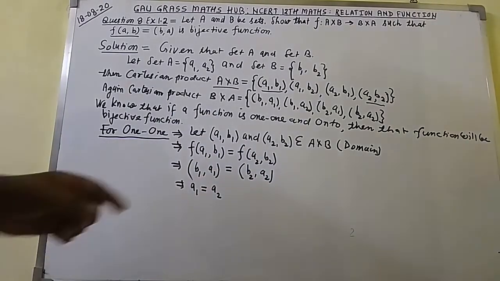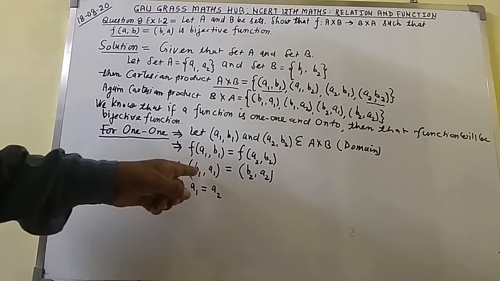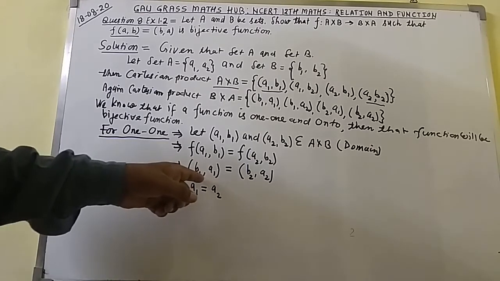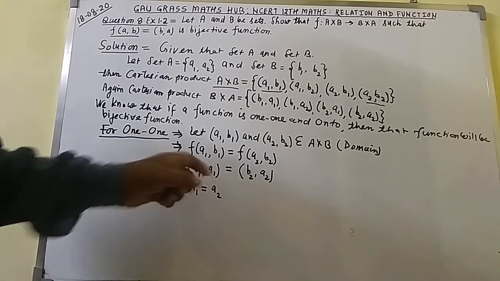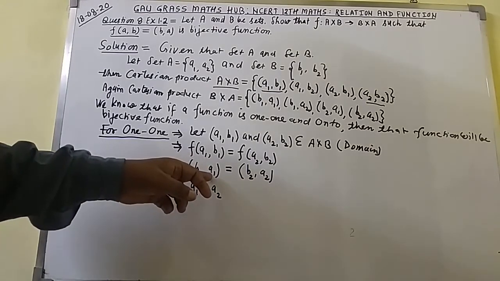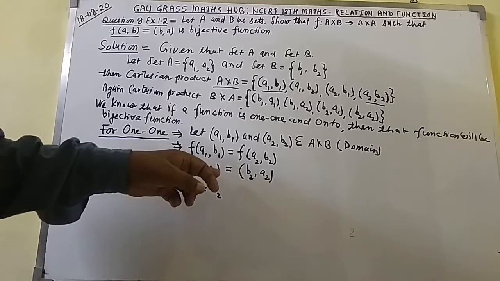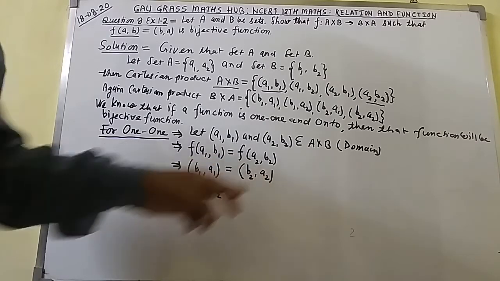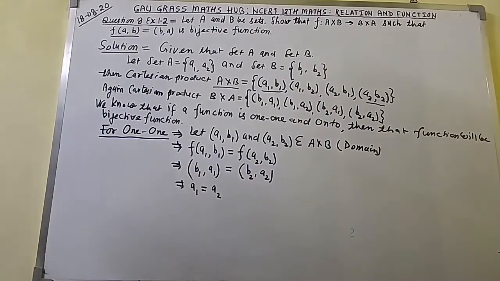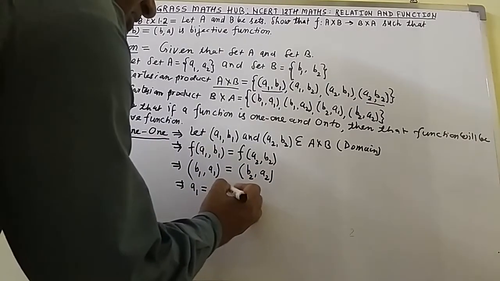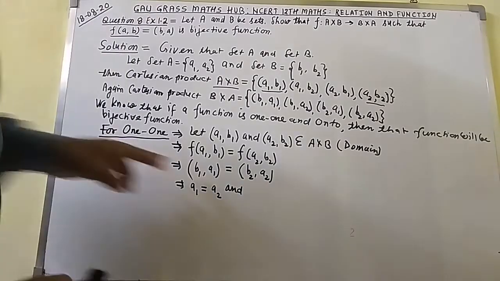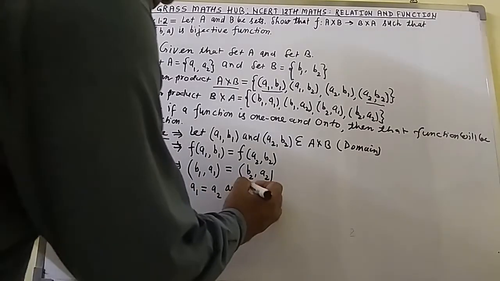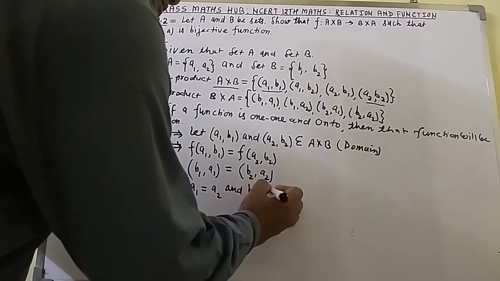In this case, in the ordered pair (B1, A1), the second element A1 will be equal to the second element A2. So A1 is equal to A2. And you will get the first element, B1 equal to B2.